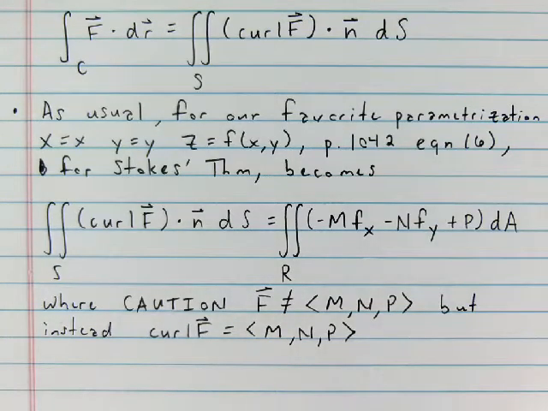So the formula works exactly the same, just make sure you're using the correct vector field. You should be using the components of the curl of F, not the components of F when you do that.